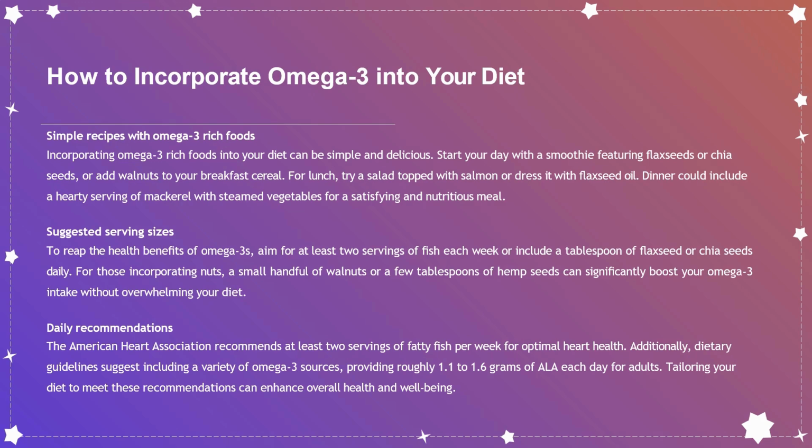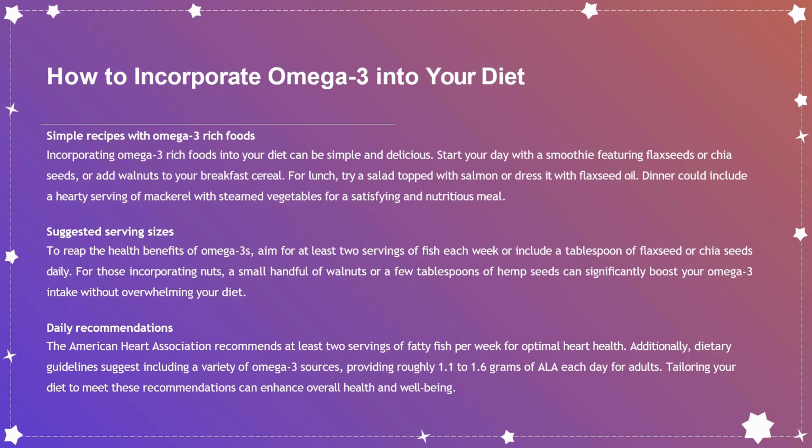Another interesting source is algal oil, which is derived from algae and is suitable for vegetarians and vegans as well. Also, grass-fed beef and eggs from chickens that are fed an omega-3 rich diet can contribute to your intake. It's worth considering integrating these sources into your diet to take full advantage of their benefits.